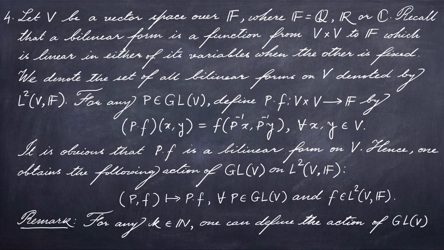If there were k components, then we could have written the same for k many components, and of course that would give us another k-linear form, and thus we can obtain the action of this general linear group on the set of all k-linear forms on V.